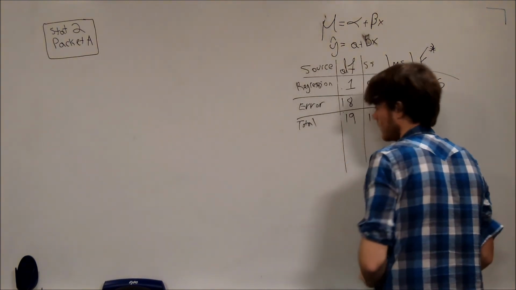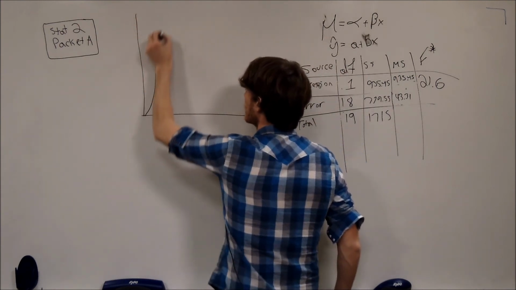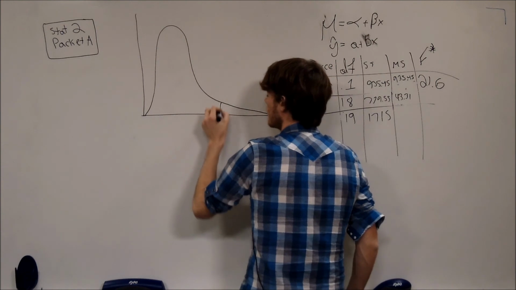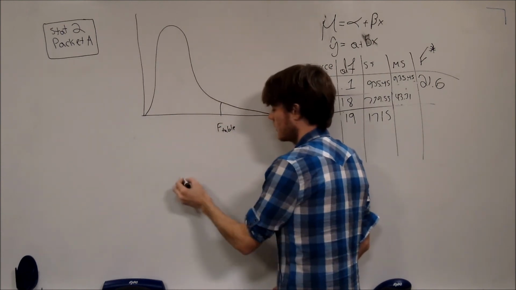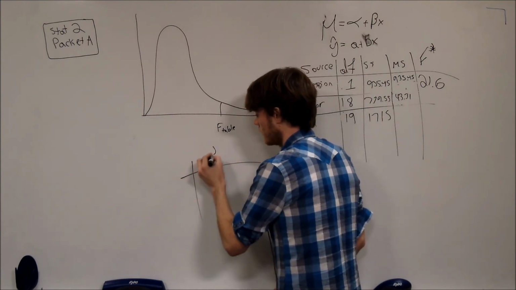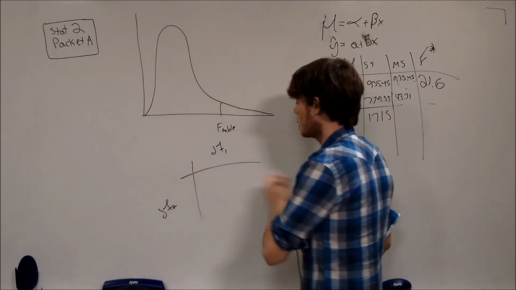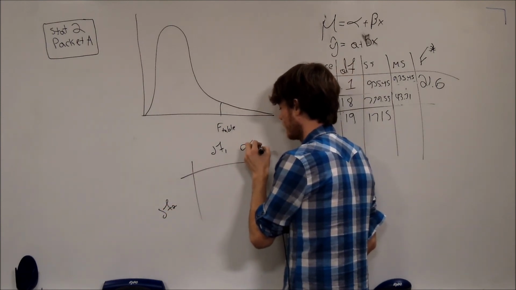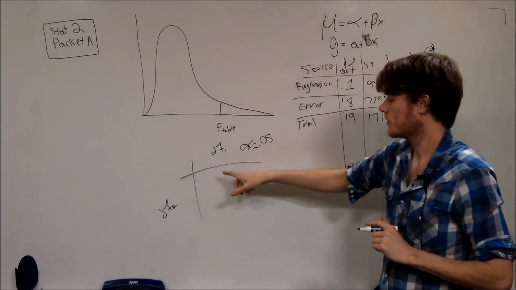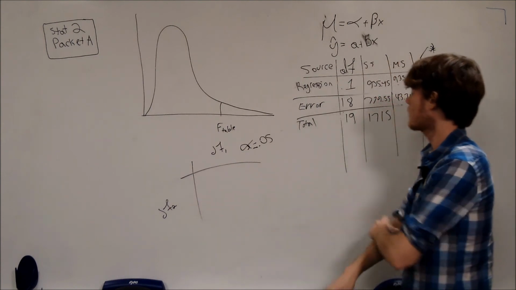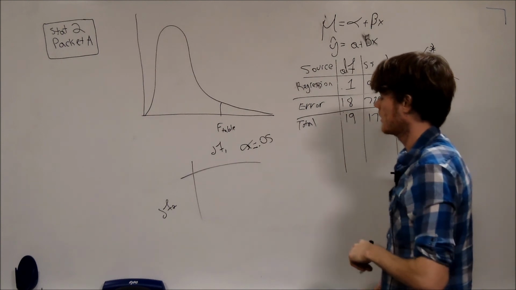Okay. Now, if you look at the f table, it looks like this. And if you guys don't know this, that's all right. So this is df1, this is df2, okay? And this is always 0.05 alpha, at least in this class. So if you look at df1 and df2, which are the numerator and denominator of your f statistic, that's what you're going to look at.